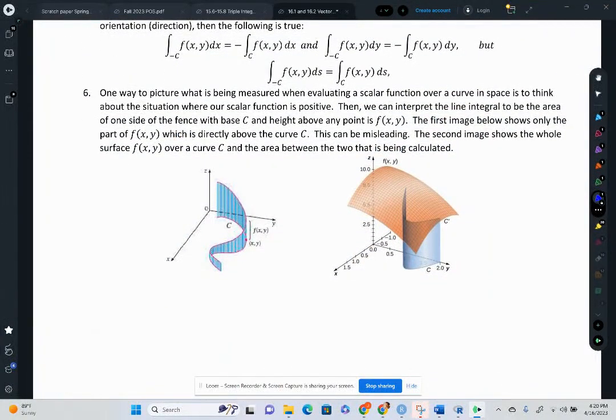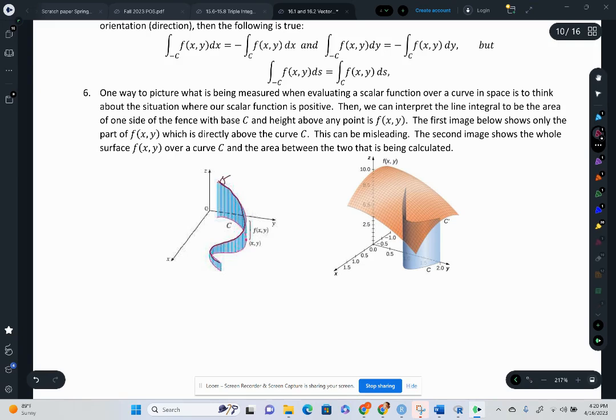Okay, so I've got right here a curve C in the left picture, and that's the pink line that is on the XY plane. And if we can imagine like a curtain that goes straight up vertically from that curve, and then it meets up with the surface in another curve.